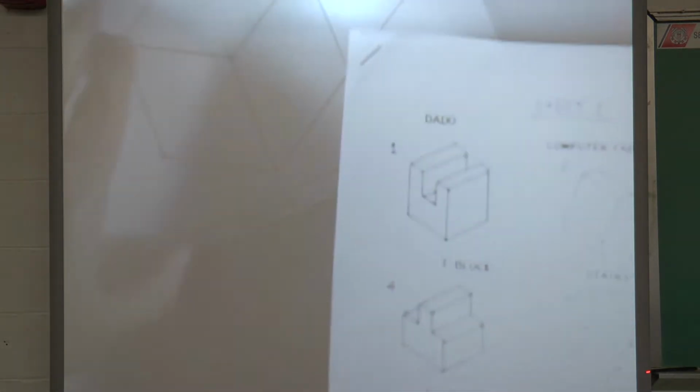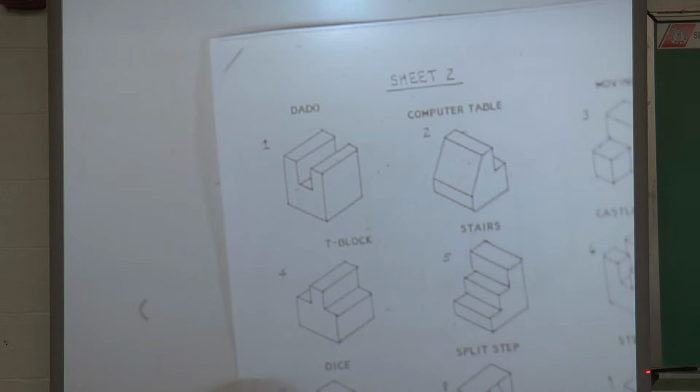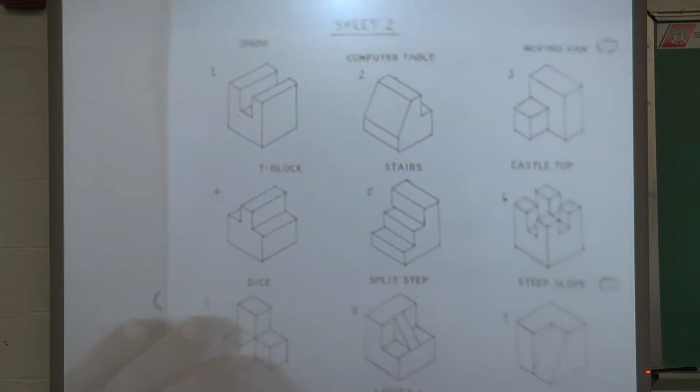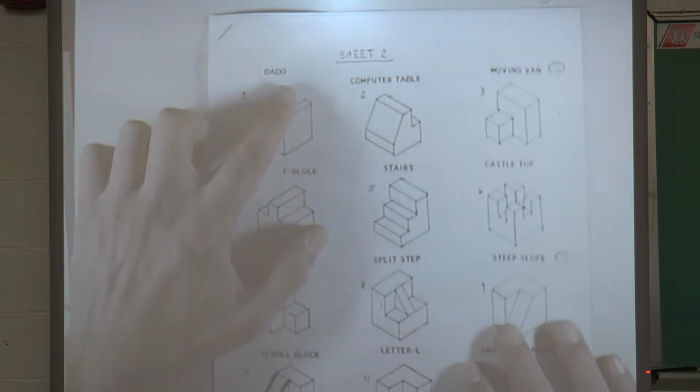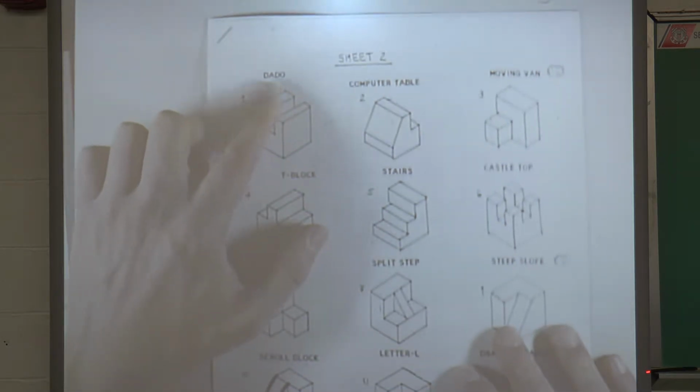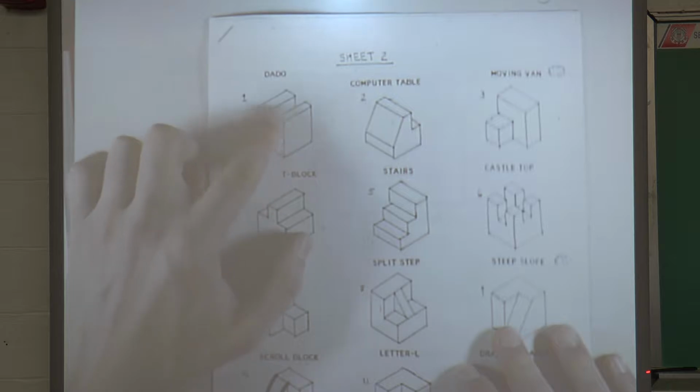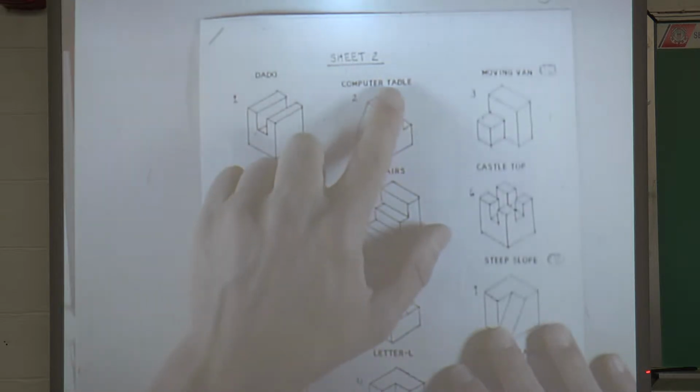So what you see here is sheet 2. It has the name and number associated with each isometric image.